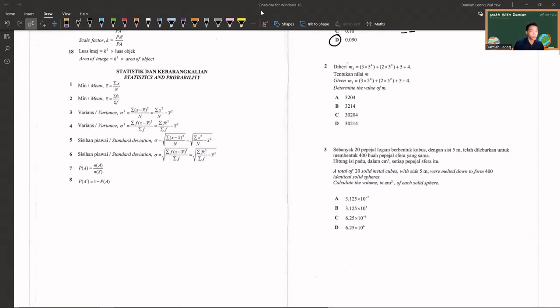Then we look at question 2. So this one, we have base numbers. Okay, asas nombor. So nombor ini ada dalam asas 5, base 5. So this is the expanded notation form, dalam bentuk yang diperkembangkan.